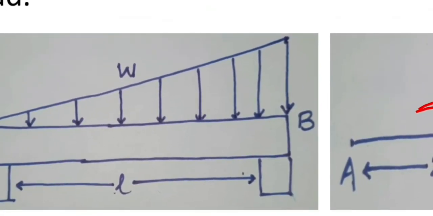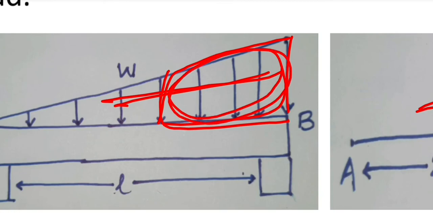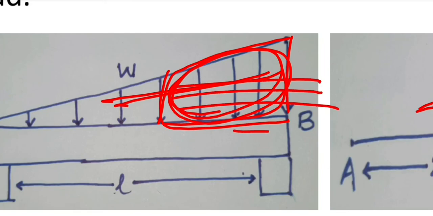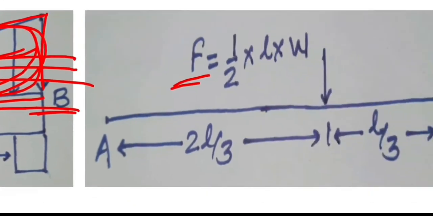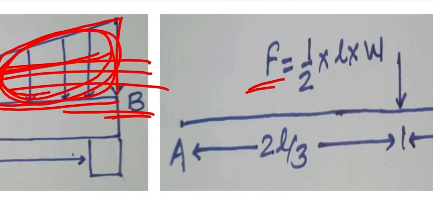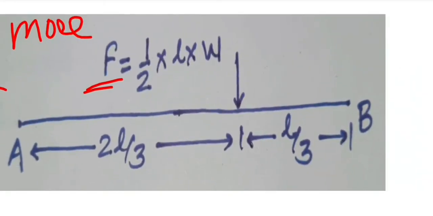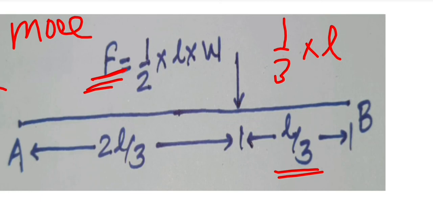So see here first, if we think from this point of view, more load is applied in this part, so the force will be near to the point B. So from the point B, where the load is more, the distance of the force F will be L by 3. That is, 1/3 into the length of span will be the position of force F.